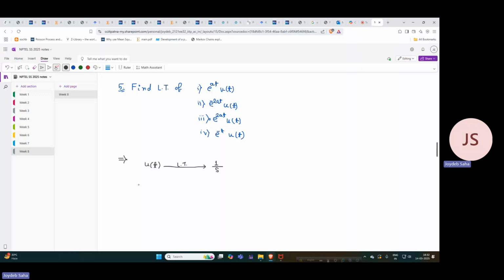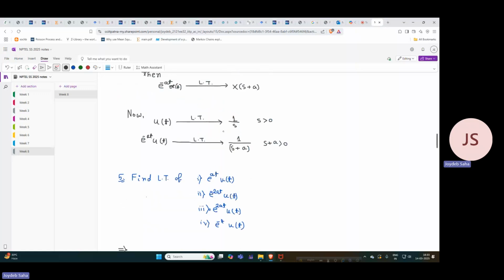So e to the power at u(t), its Laplace transform will be, valid for s greater than 0, 1 upon s minus a, right?